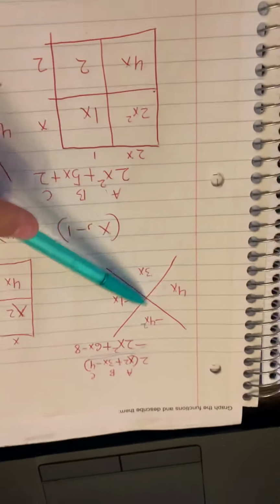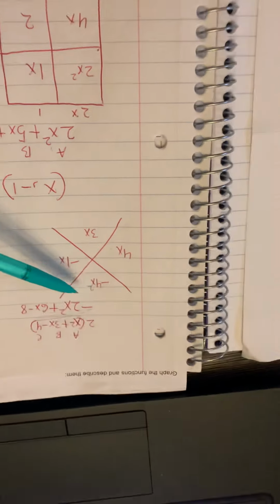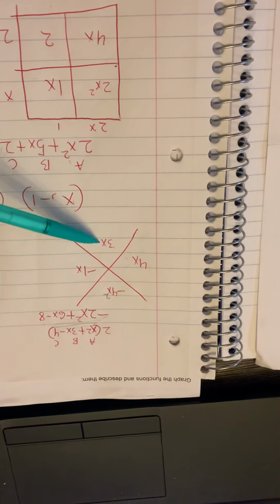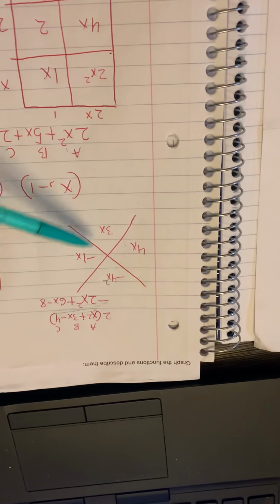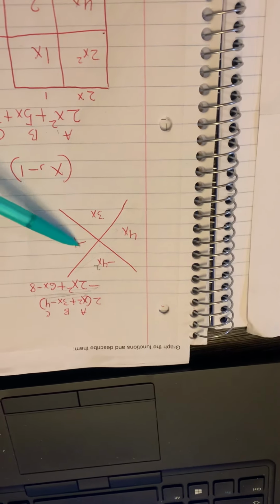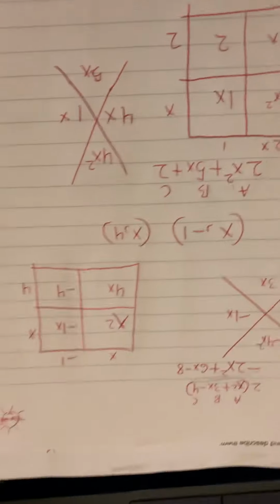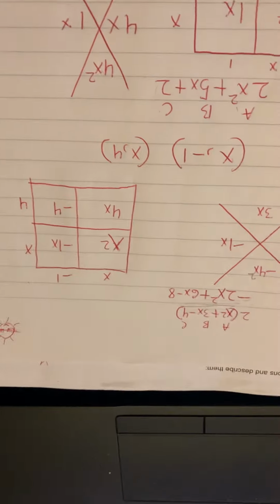Then we just pretty much need to figure out what would multiply to get this, and at the same time add to get 3x. So this is what I got: 4x times negative 1x multiplies to this and adds to this. With that, we can plug this into this box.